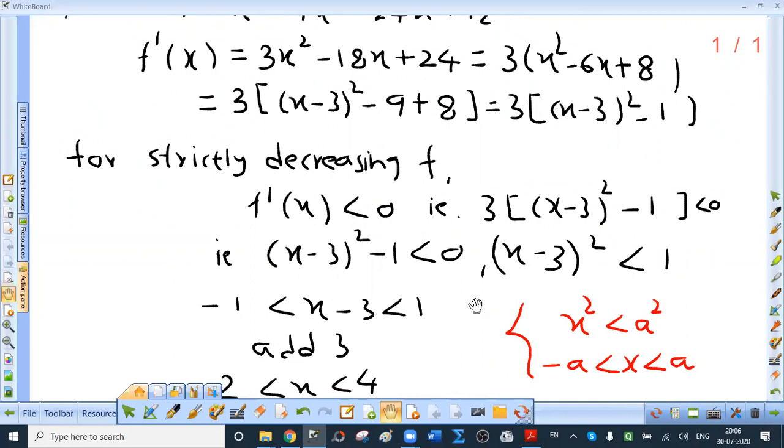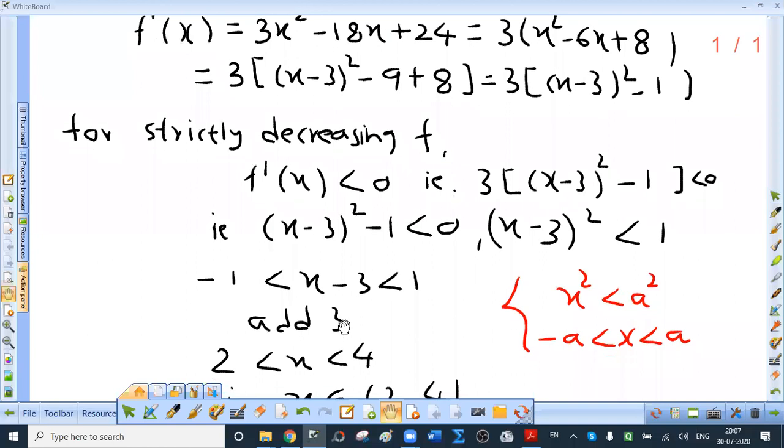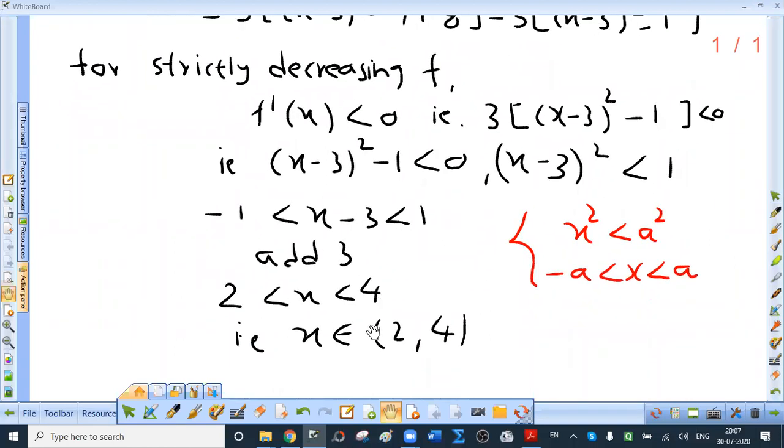So in this case, it will be minus 1 less than, don't say x because it is x minus 3, less than 1. Now add 3 because we want x. So if you add 3, minus 1 plus 3, 2, less than x, less than 1 plus 3, that is 4. So the function is strictly decreasing if x belongs to open interval 2, 4.